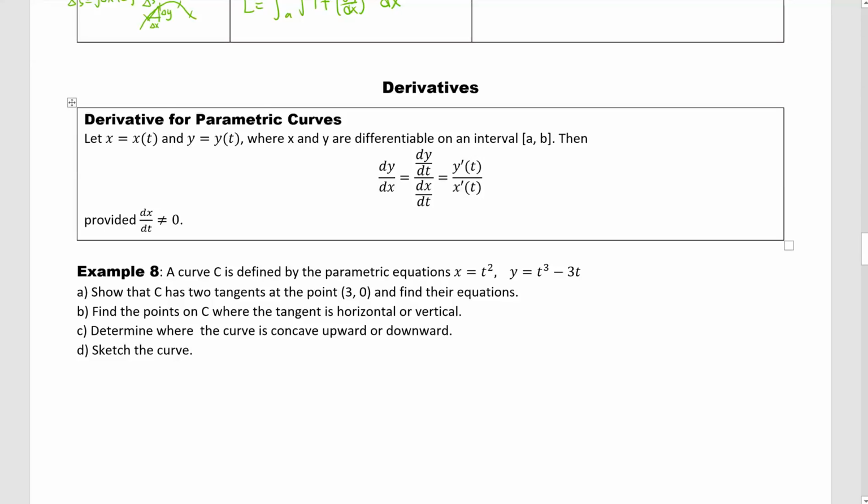Then dy dx is, oh, it's like the chain rule. It's dy dt over dx dt. So that is y prime of t over x prime of t, provided the denominator x prime of t is not 0. It's like you divide both the numerator and denominator by dt, but it is actually the chain rule.